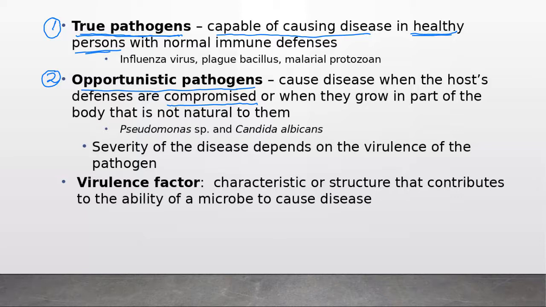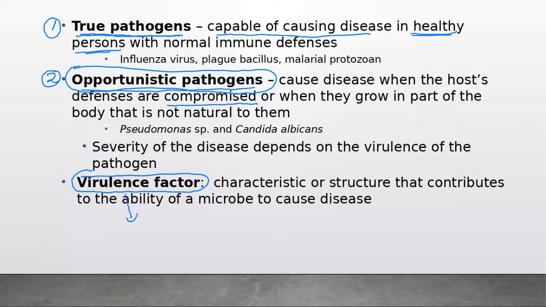So the organism that can cause disease to people with a weaker immune system but will not cause disease to a normal healthy human is called the opportunistic pathogen. And then virulent factors, again, are the factors produced by the microorganism that damage the host cell and cause the disease.